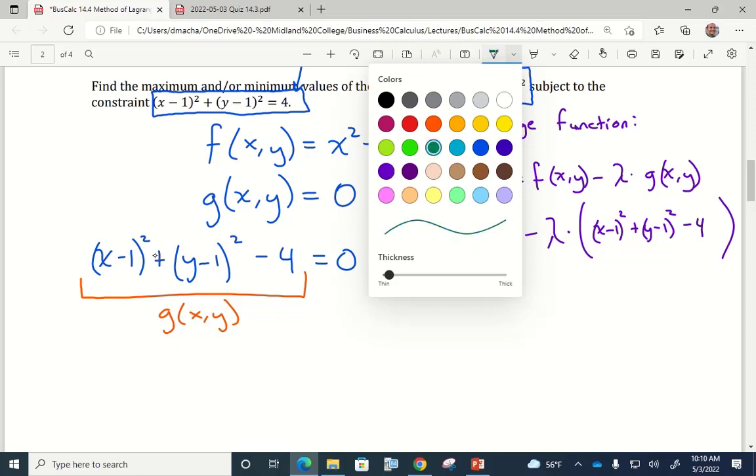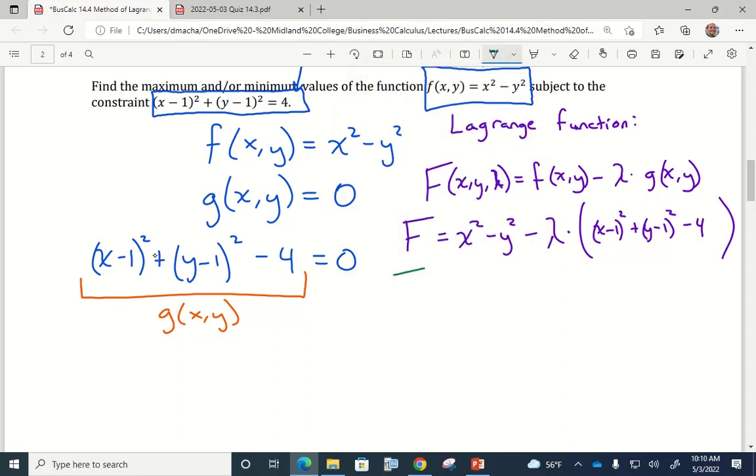So I need to find the partial derivatives. What is the partial derivative with respect to x? I'm going to pretend that y and lambda are constants, and I take the derivative with respect to x. So x squared becomes 2x. And then over here I see x minus 1 squared, so my power rule is going to make that 2 times x minus 1.